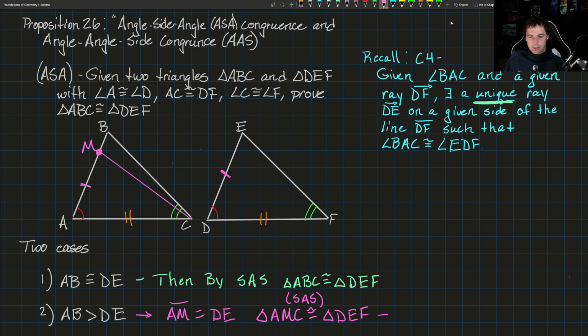And this also means that the corresponding parts are congruent, which means that angle MCA is congruent to angle EFD.